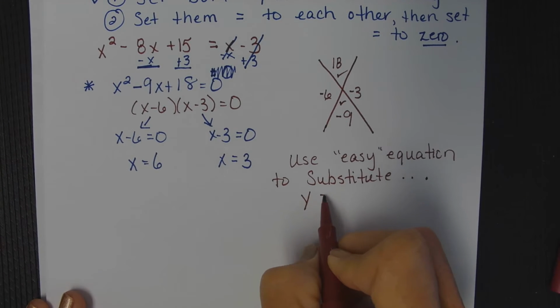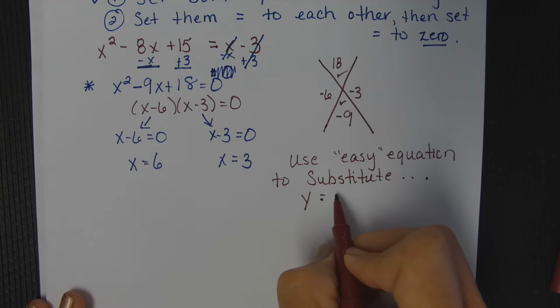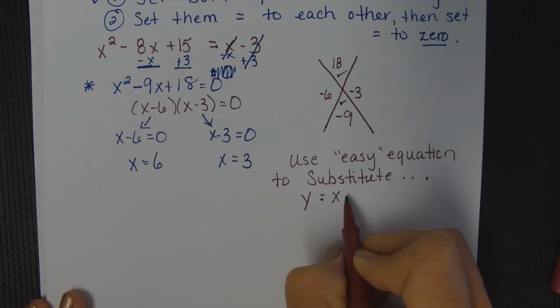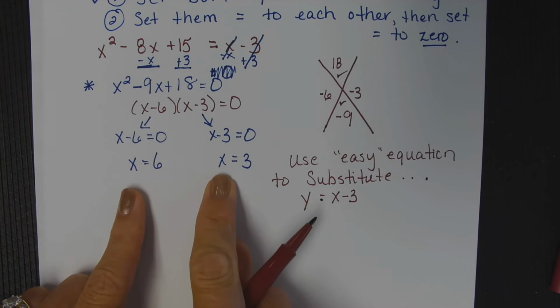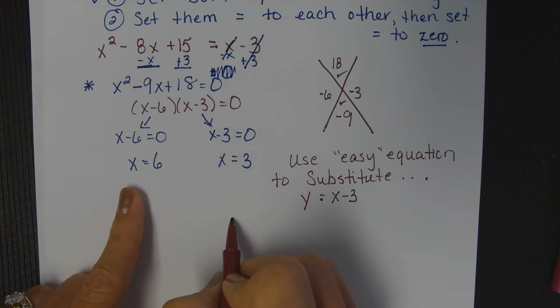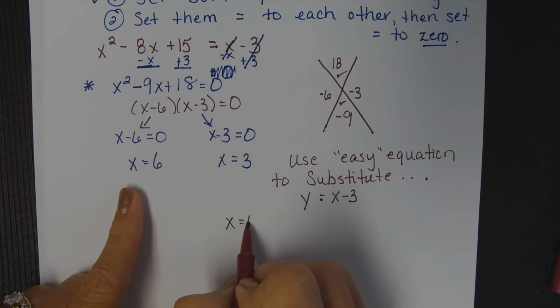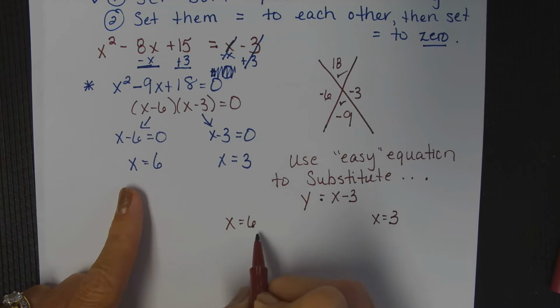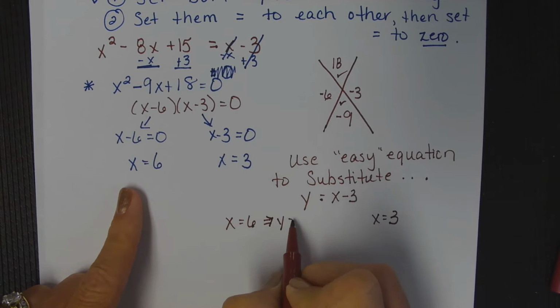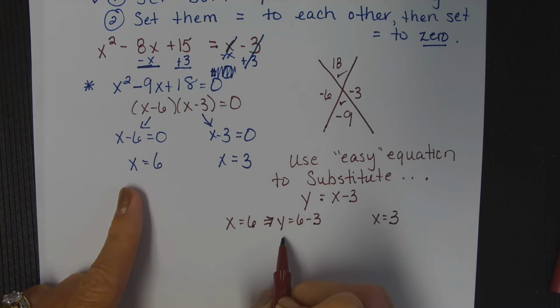So we have y equals x minus 3. We have two x's. So you have x equals 6, x equals 3. Y equals 6 minus 3. 6 minus 3 is what? 3.